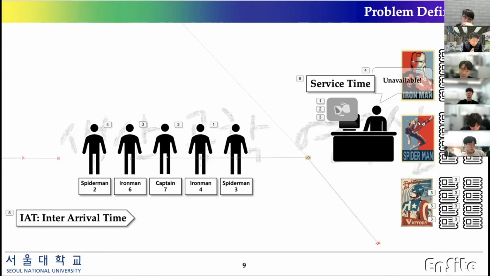And if the movie that the customer wants to see is sold out, then these people will leave the theater. And if there are remaining tickets, these people go to the ticket counter and try to buy some tickets.